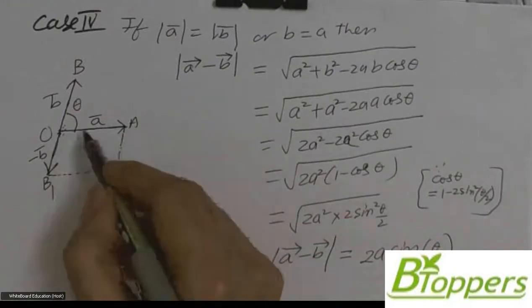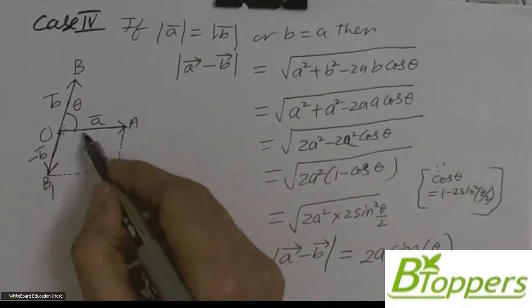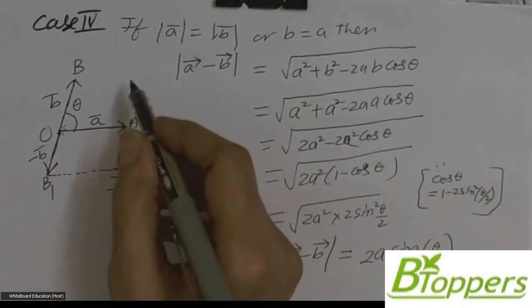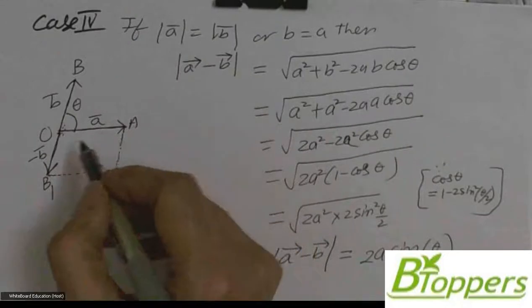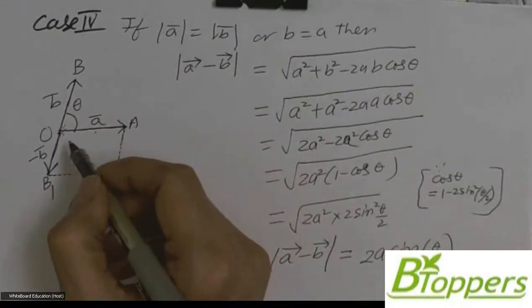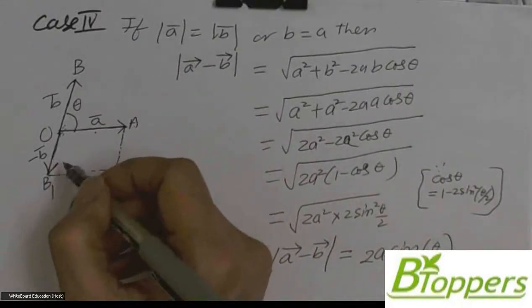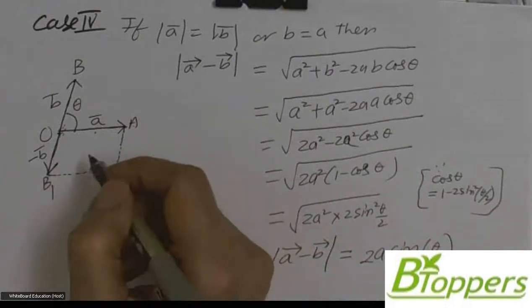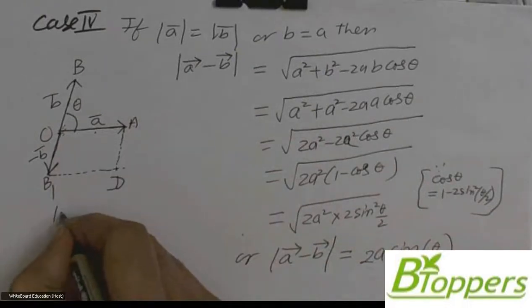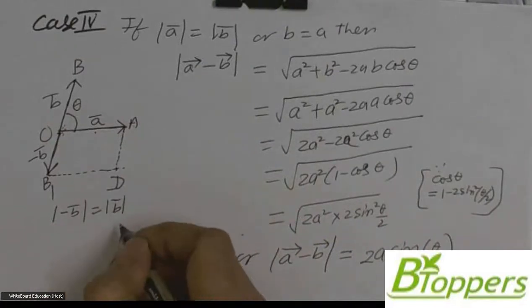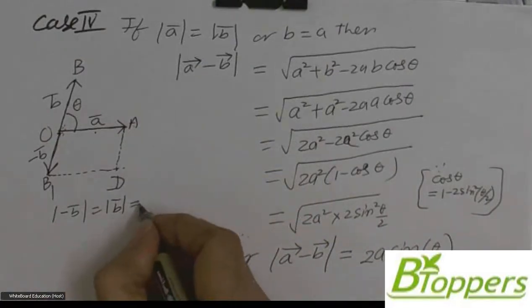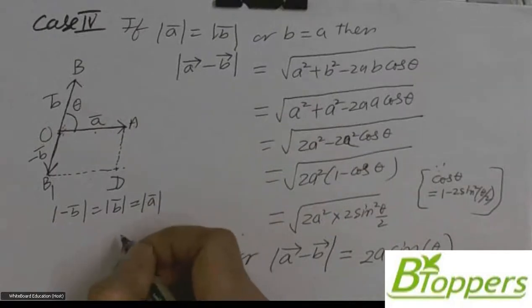In this parallelogram, the lengths of adjacent sides are equal, because in this special case, the modulus of B bar is the same as the modulus of A bar. And from the definition of the negative of a vector, the modulus of vector minus B bar is the same as the modulus of vector B bar. In this case, it is equal to the modulus of A bar.